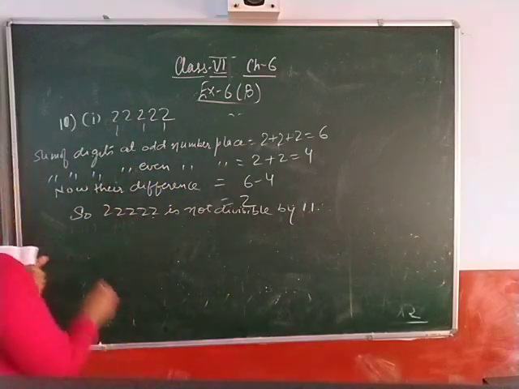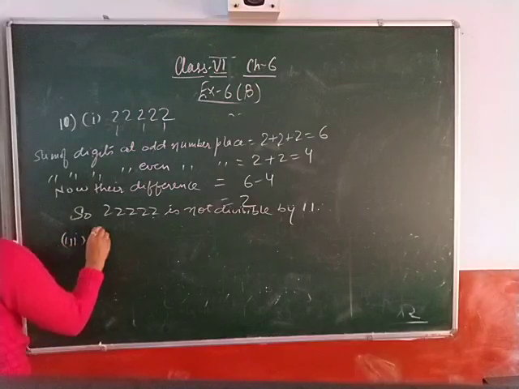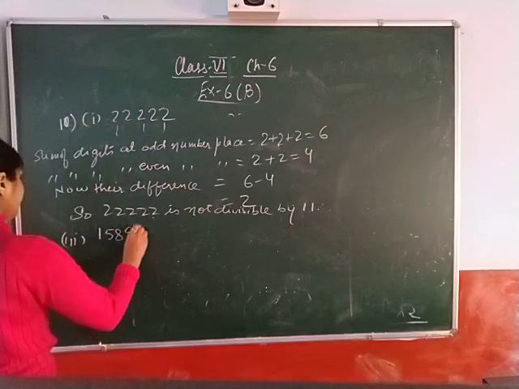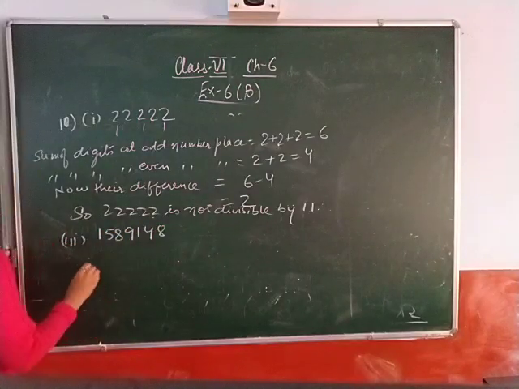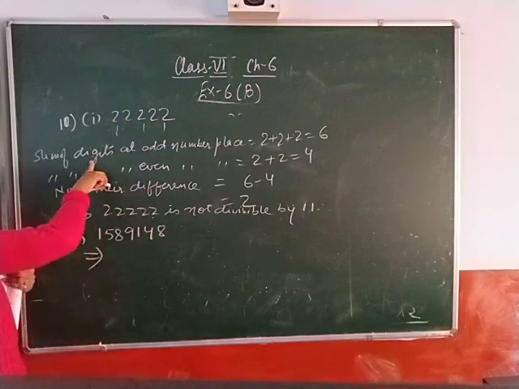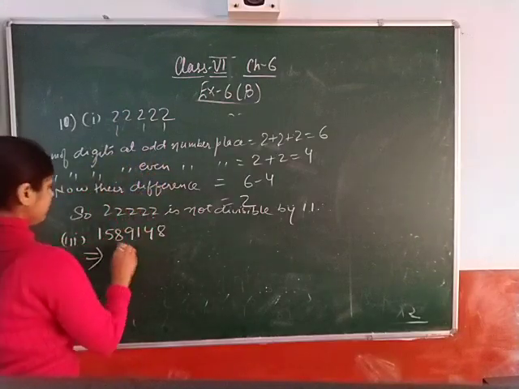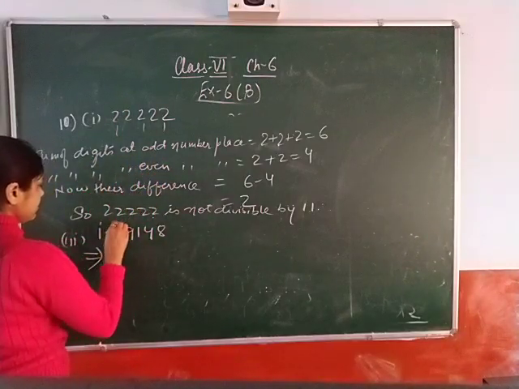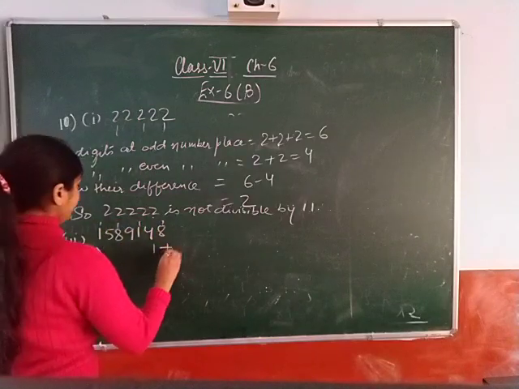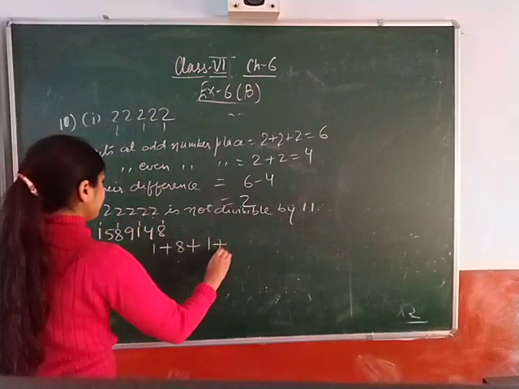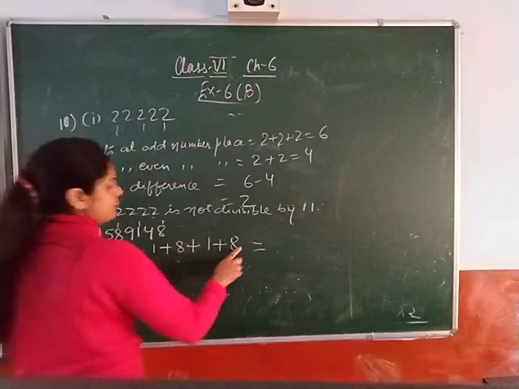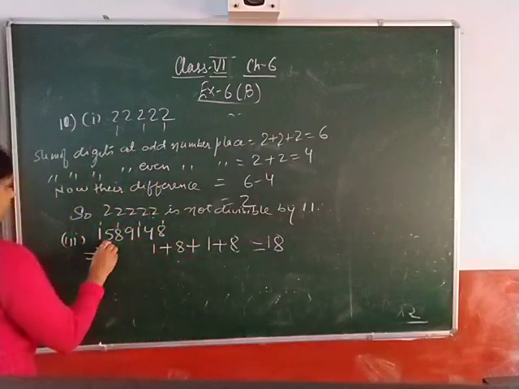Now come to the third one. 1, 5, 8, 9, 1, 4, 8. Same thing, sum of digits at odd number place: 1 plus 8 plus 1 plus 8. What will come? 9 plus 9, 18.